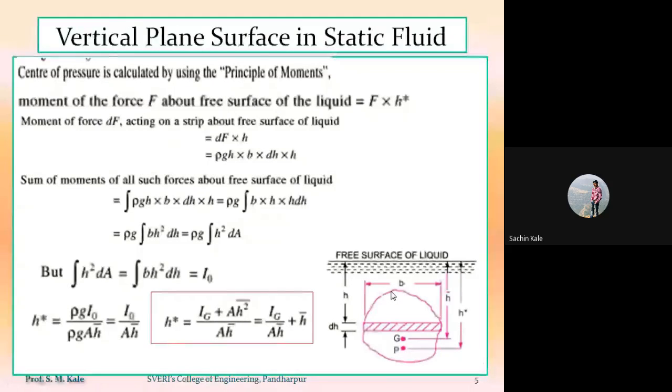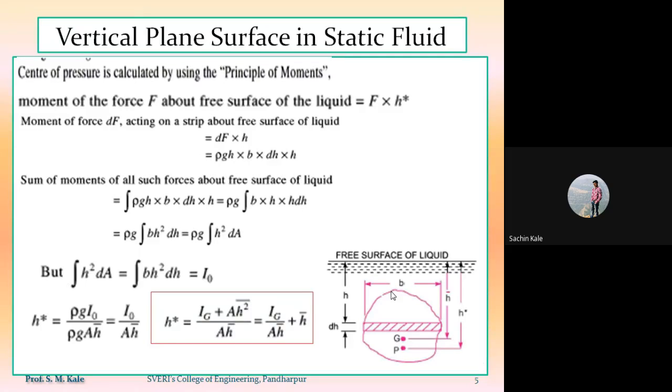To understand the last sentence, I will give one example. Suppose you have an object, and you immerse that object inside water vertically, and then the same object you immerse in another fluid, oil, vertically.